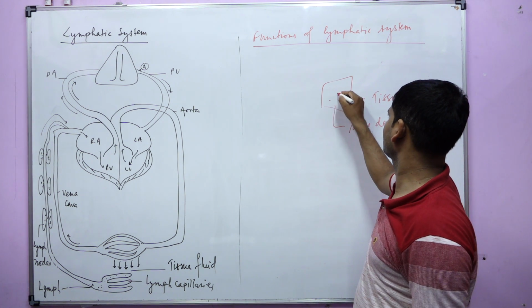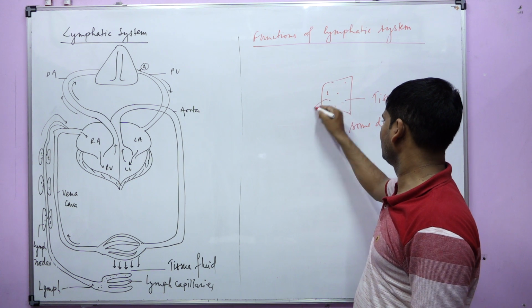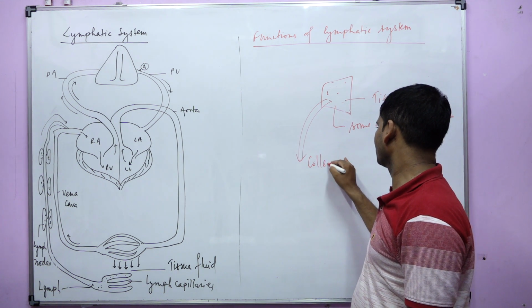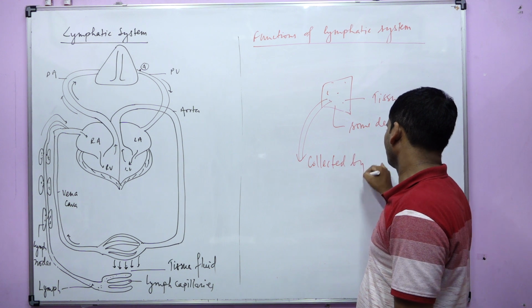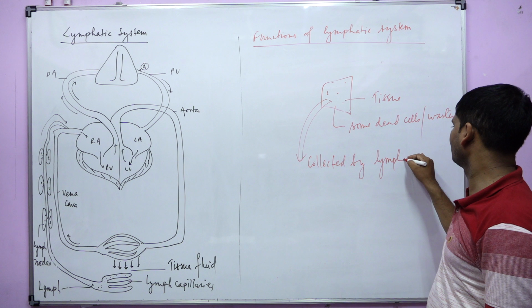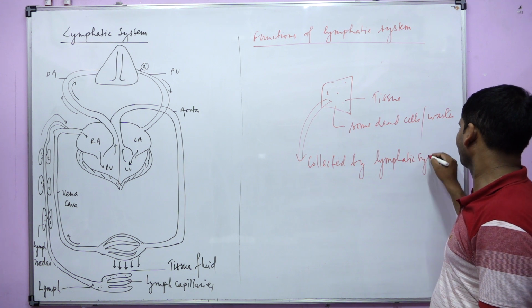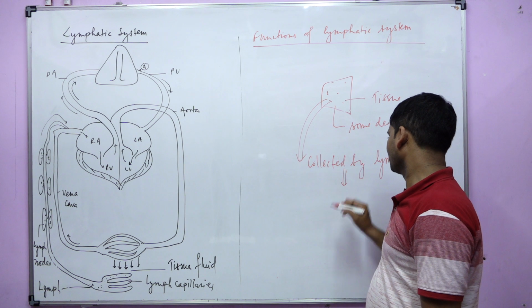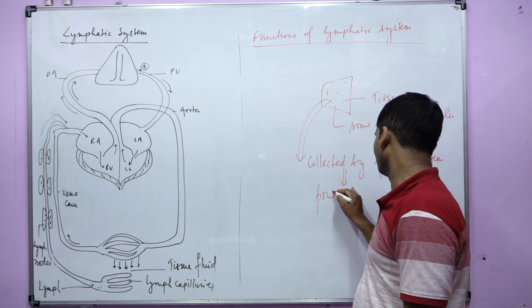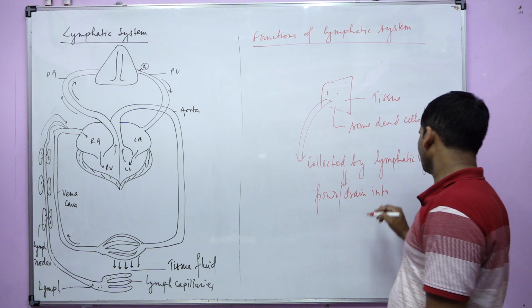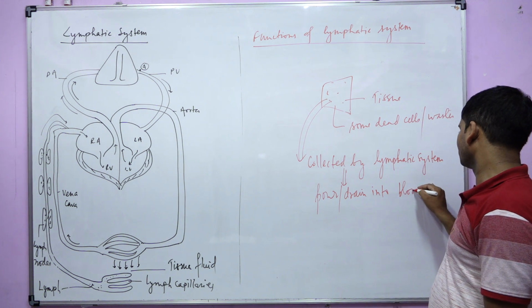These waste molecules are collected by lymphatic system, and they collect it and drain into blood circulatory system.